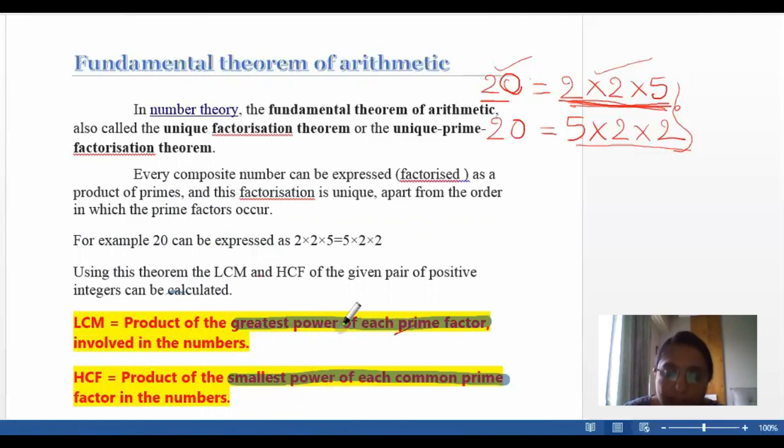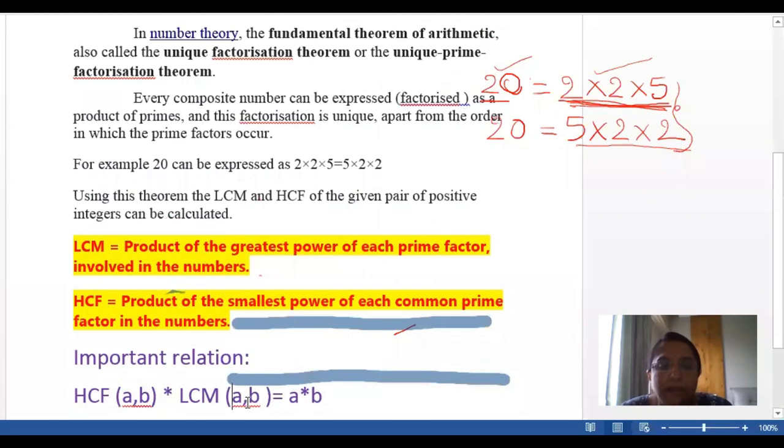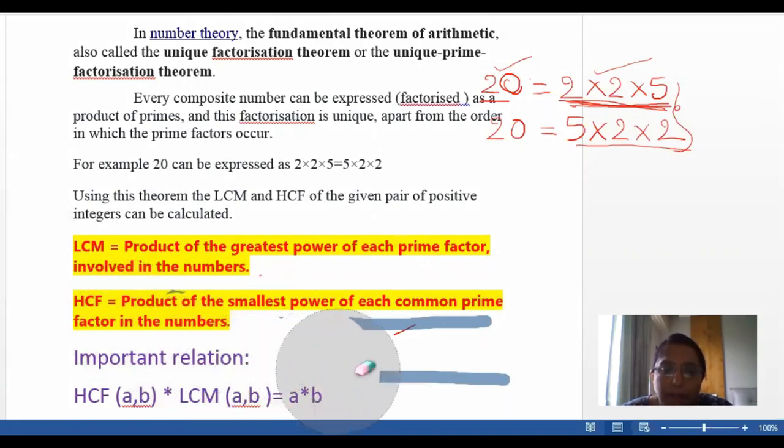We'll solve examples, then we'll easily get to know what LCM and HCF are. Next, there is one important relation between LCM, HCF and the two numbers. What is that? This is very much applied in finding LCM and HCF. HCF of A and B, where A, B are two composite numbers.